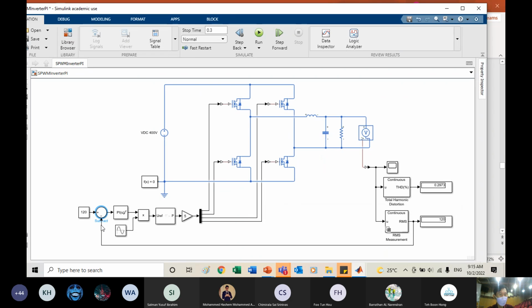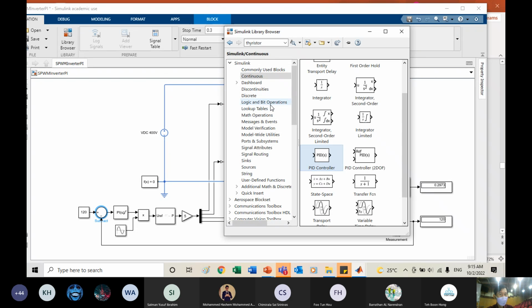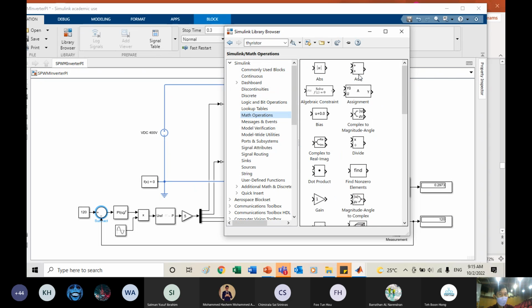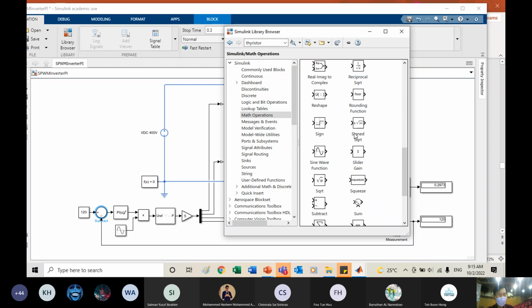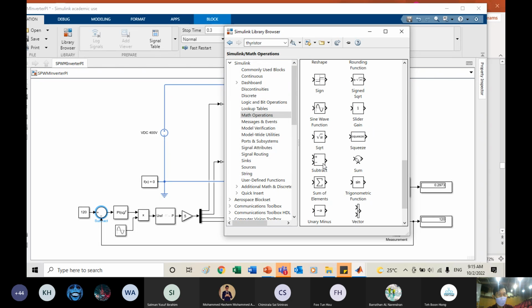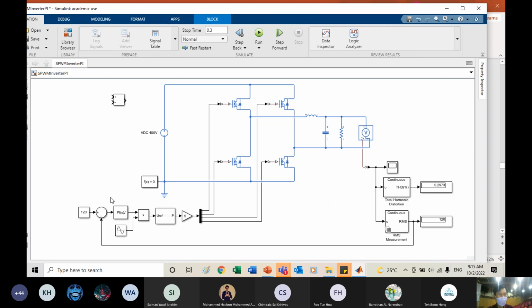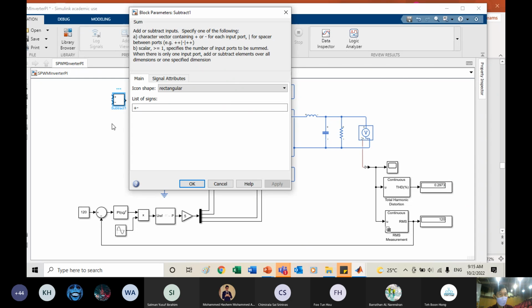This one is a subtract. You may ask, sir, where to find the subtract? You can find it in the Math Operations library. You have add, divide, all of this, and there is a subtract. You can use this one directly. You bring it here. And to change it to a circle, double click and change it to round.